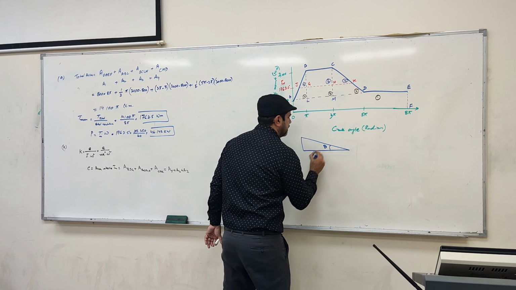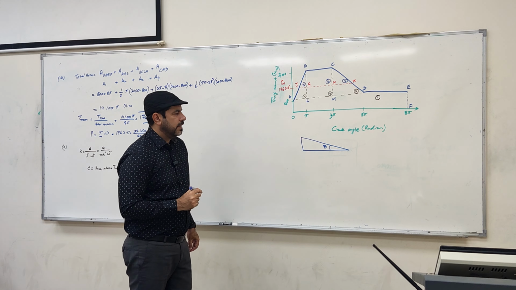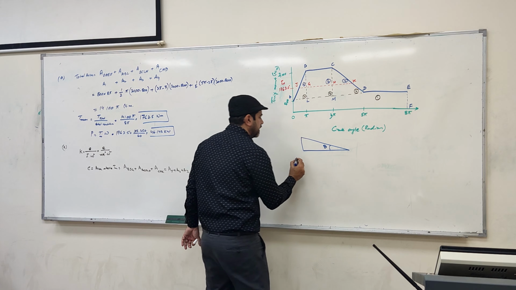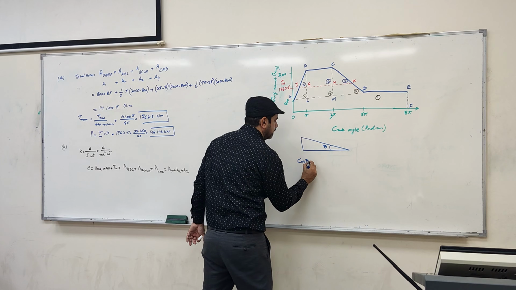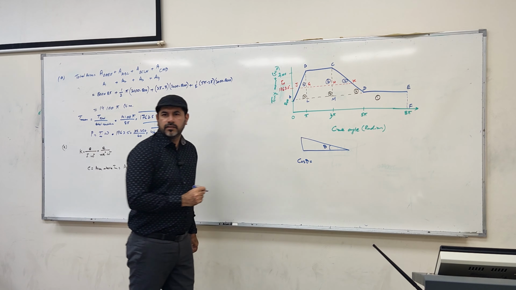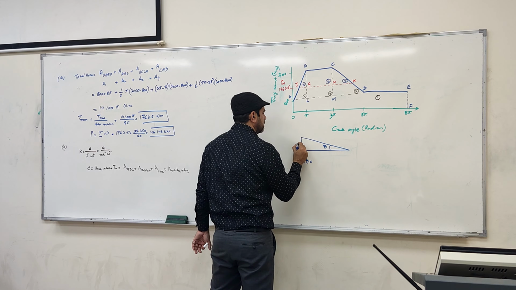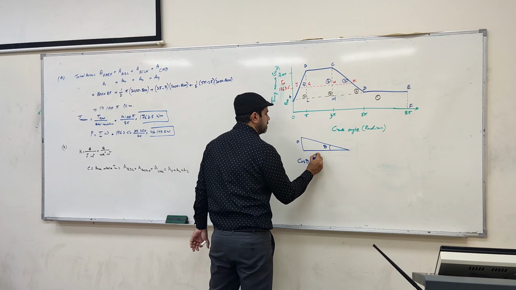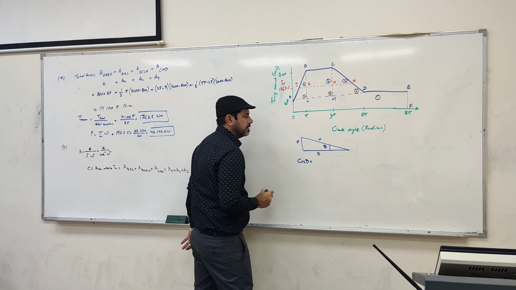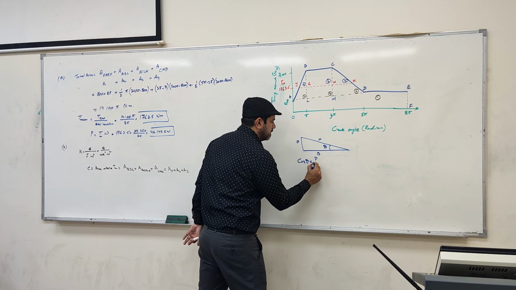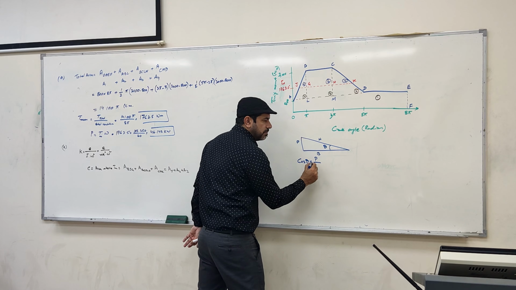This angle, okay? So what is a cosine? P over or B over P?